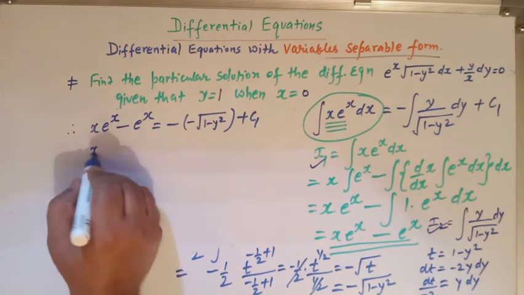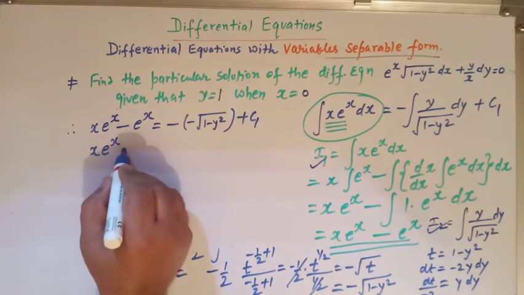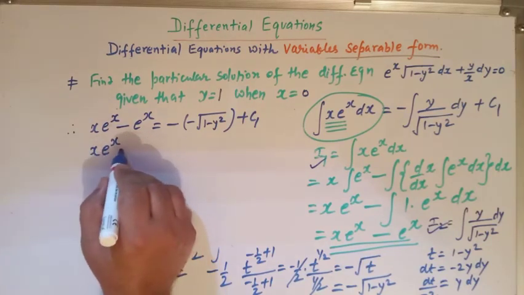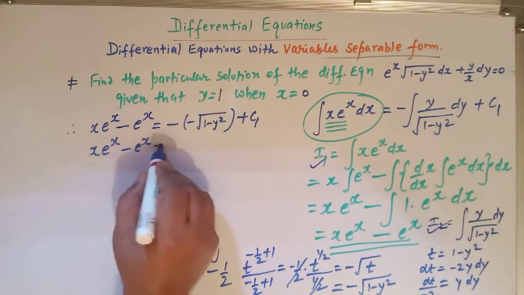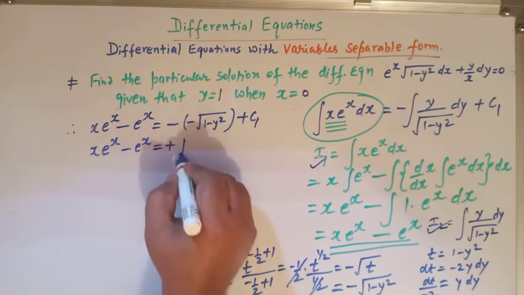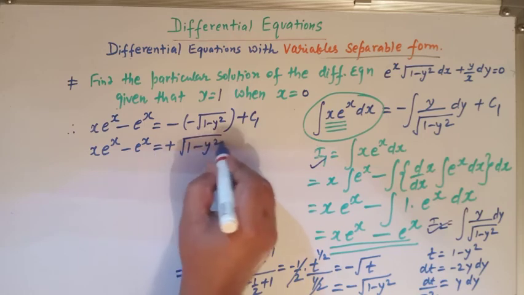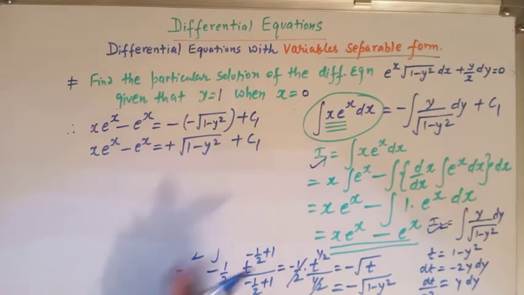Clear? So this can be written as x e raised to x minus e raised to x plus square root of 1 minus y square plus c1. Clear? So this is the general solution of this differential equation.